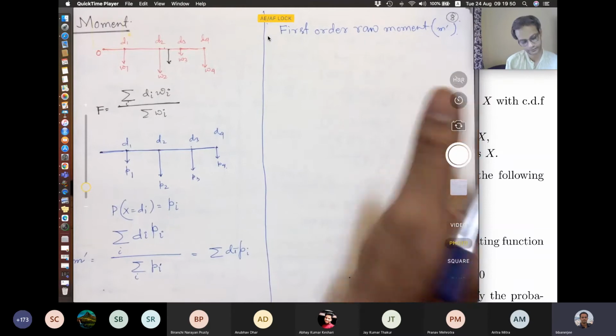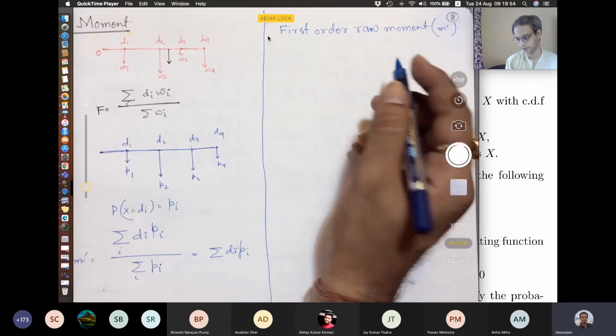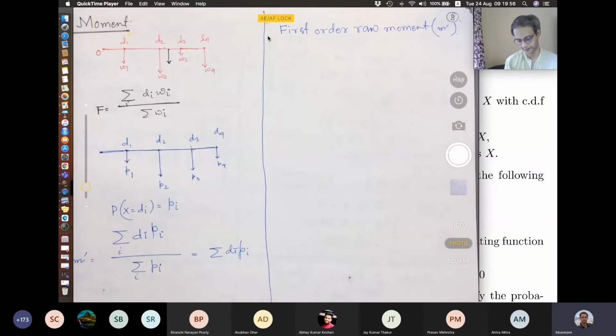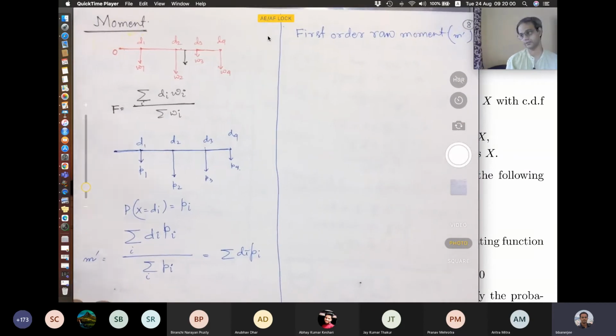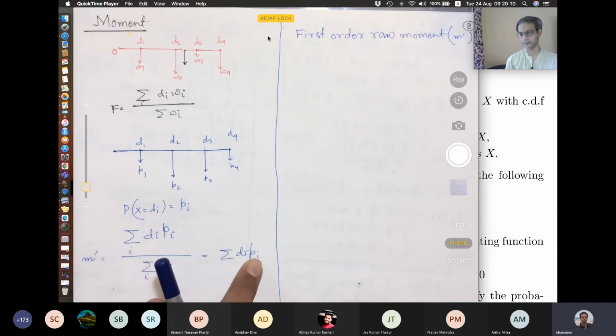Or maybe you can theoretically also say mu prime. So let us define it in this way. This is the idea behind the name. Here you can think that the value multiplied by the probability, that is known as the moment.